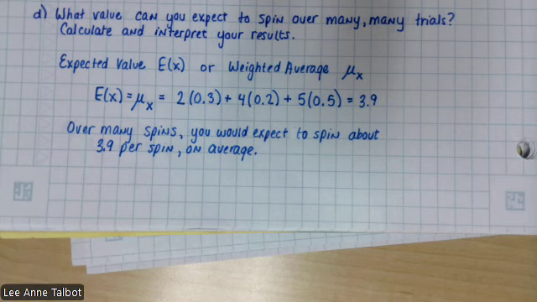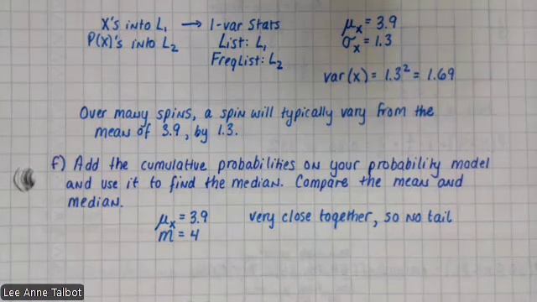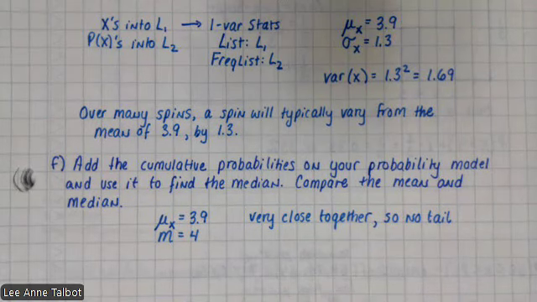Okay, now let's go look at the standard deviation one, which is here. Now we're doing the standard deviation sentence. Let's be perfect: over many randomly selected days, the number of cars sold will typically vary from the mean of 1.1 cars by 0.942.